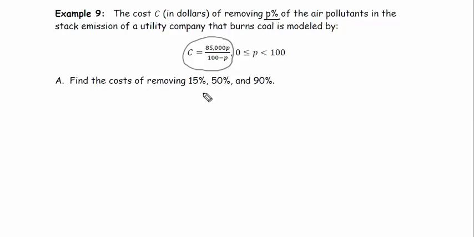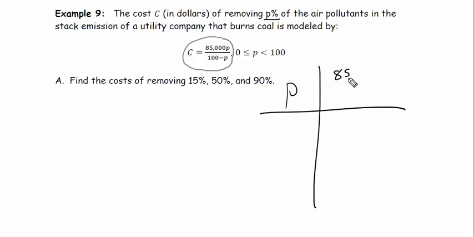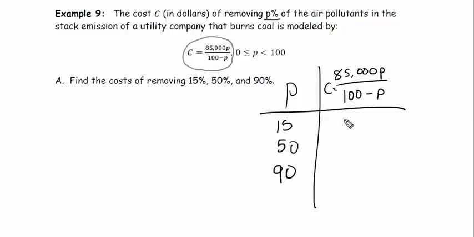Find the cost of removing 15%, 50%, and 90%. I'll let you check these numbers on your own, but I'm getting 15,000, 85,000, and 765,000.